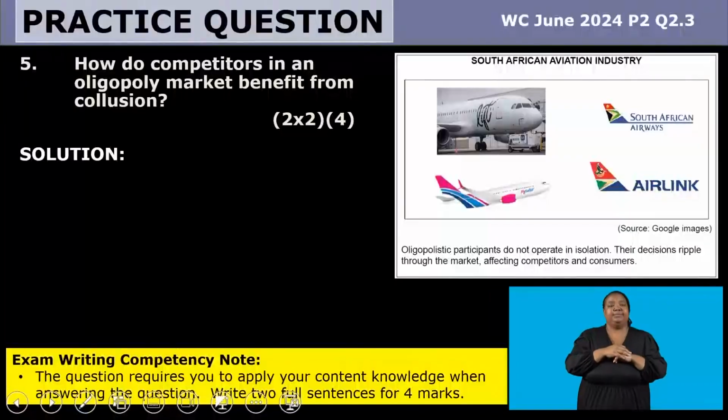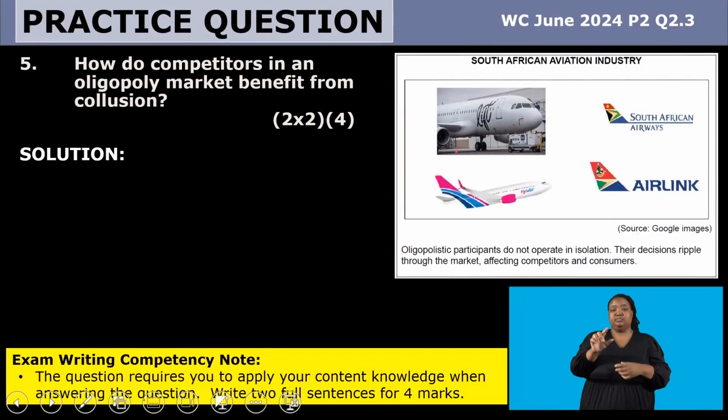Are they going to increase their price as well, or keep their prices unchanged? That is going to have an impact on the firm's profits and revenue. So they depend on each other. In short, one firm's decisions can be affected by actions taken by other firms. That is the interdependence.